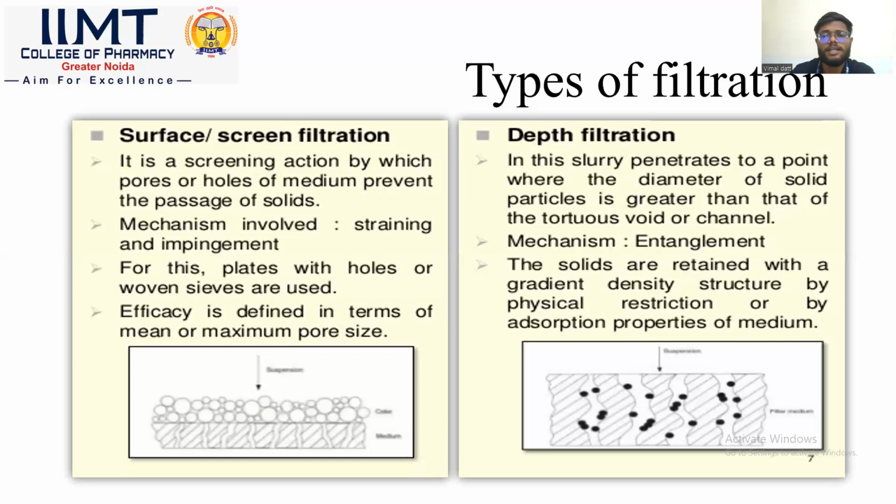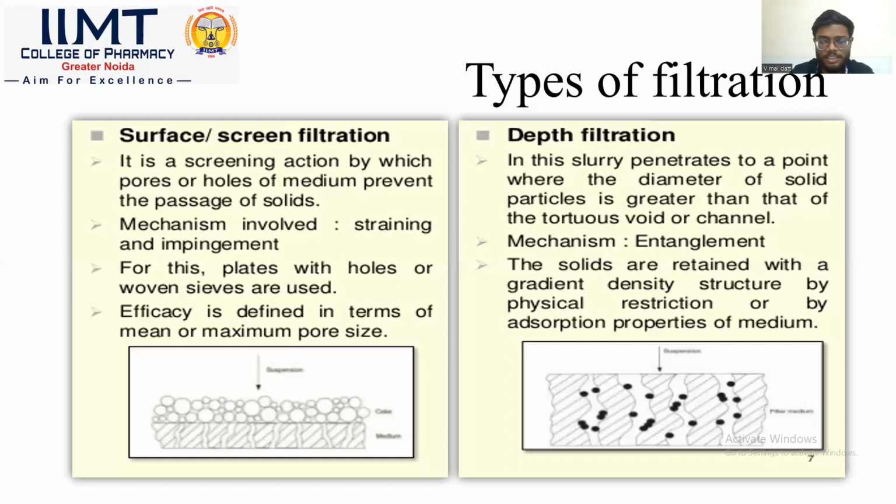And then second one is depth filtration. In this, the slurry penetrates to a point where the diameter of a solid particle is greater than that of the tortuous void or channel. Mechanism: entanglement. The solids are retained within a gradient density structure by physical restriction or by adsorption process of the medium.